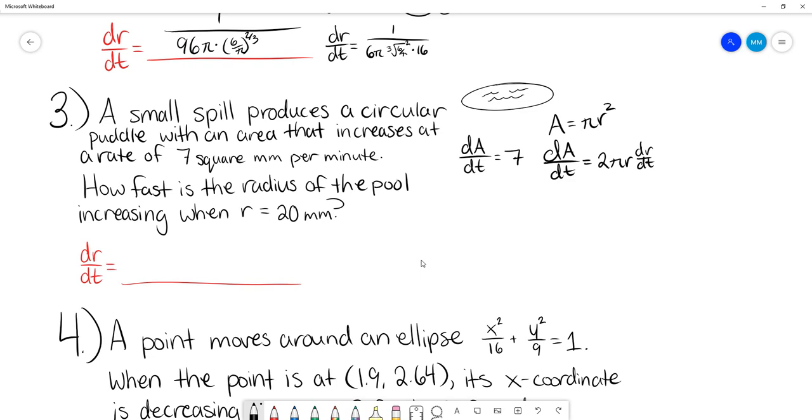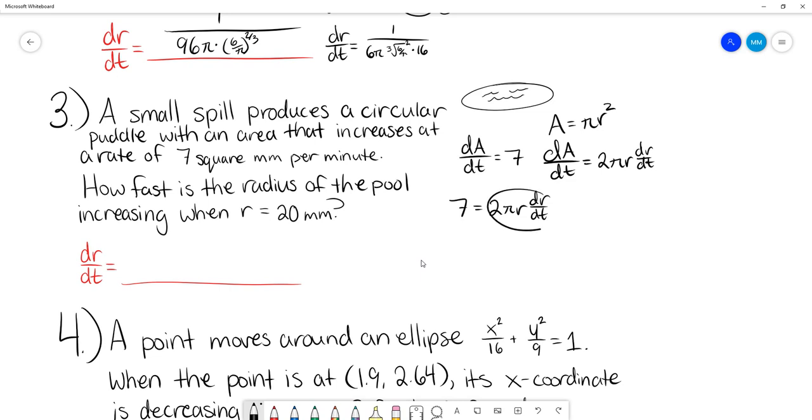I just moved the 2 in front, and then dr dt, because it's with respect to t. So these are two equations now for the derivative of A with respect to t. So once again, we're going to set them equal, which we can do because they're representing the same thing, so they should be equal. And now we're going to solve for dr dt.